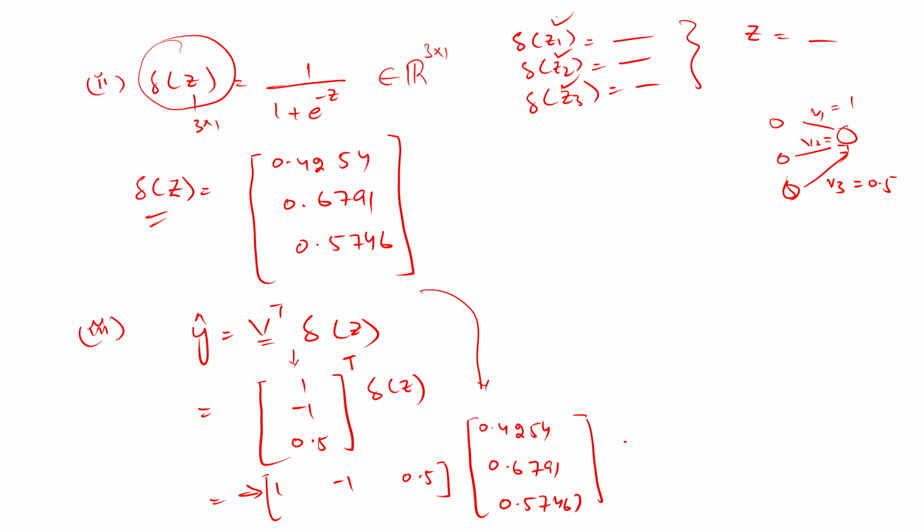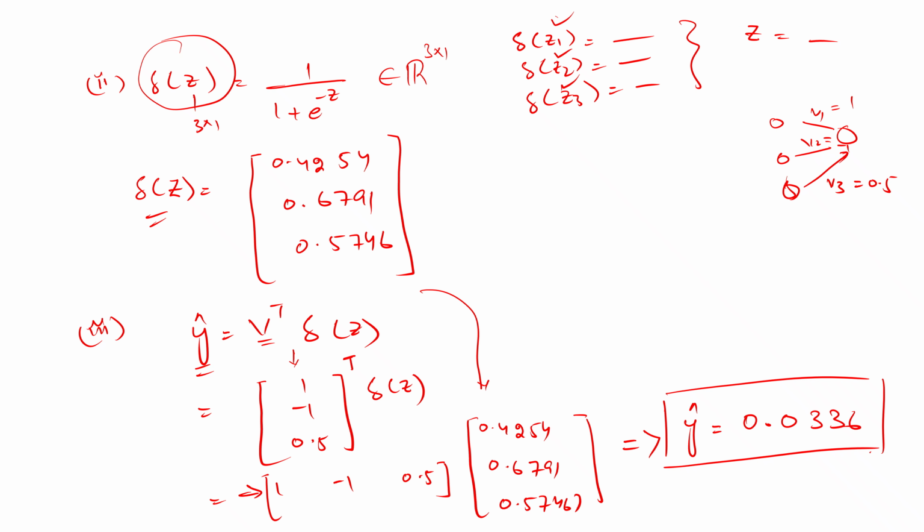Okay, so what we will get is the value of y hat. I have already derived this, just let me see here. Yes, y hat will be equal to 0.0336.